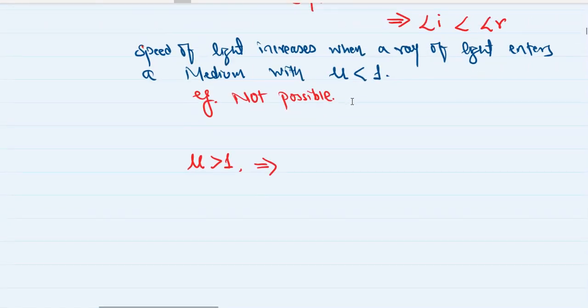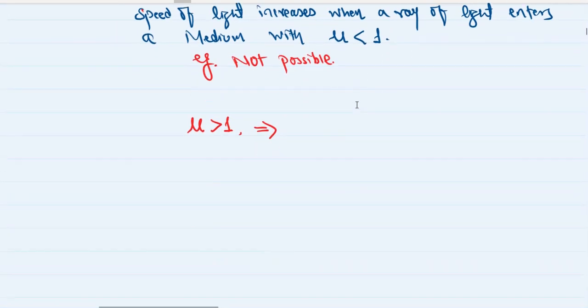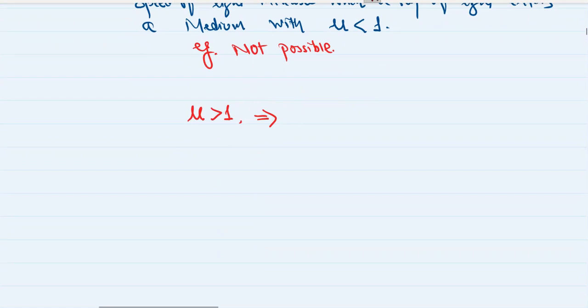The next case is that if refractive index is greater than 1. So when the refractive index is greater than 1, it means that sine i upon sine r is greater than 1.